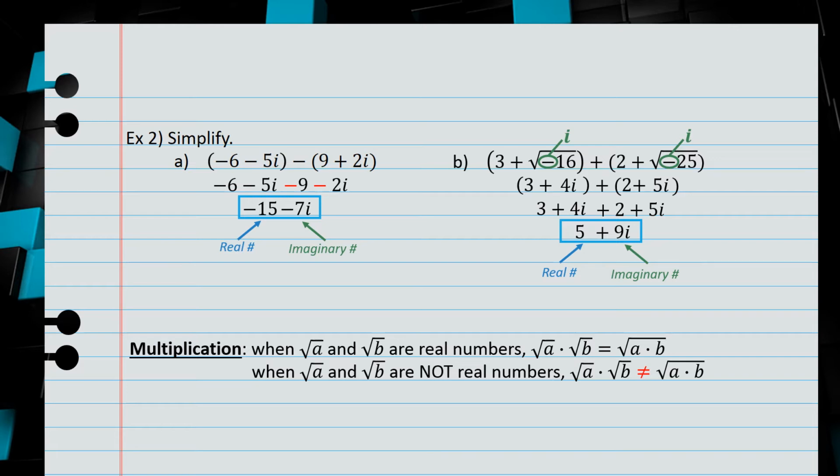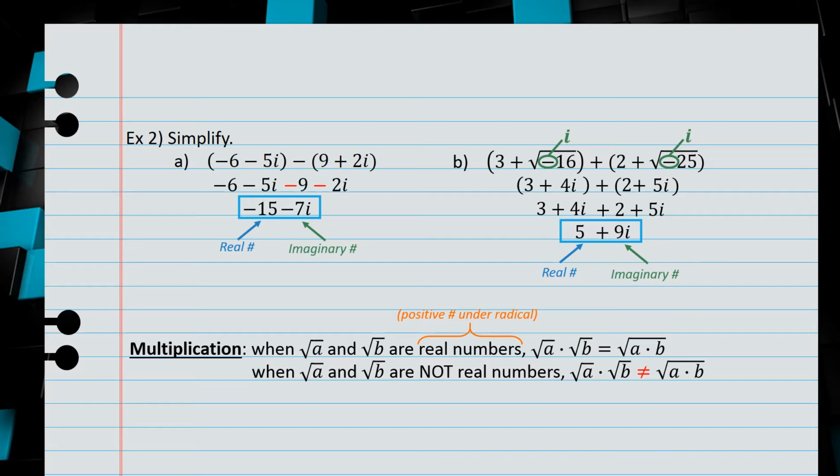Now you may be thinking, what does all that mean? Let's look a little closer at it. Notice it says when square root a and square root b are real numbers. Real numbers means when you have positive numbers under the radical. So if you have positive numbers under the radical, they can be joined together under a single radical.